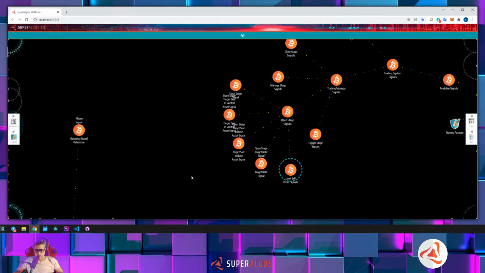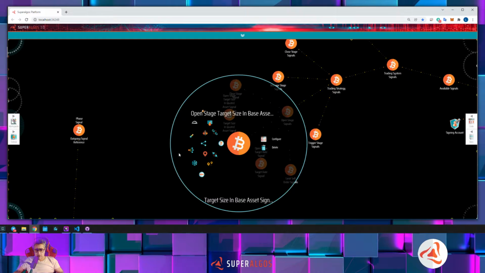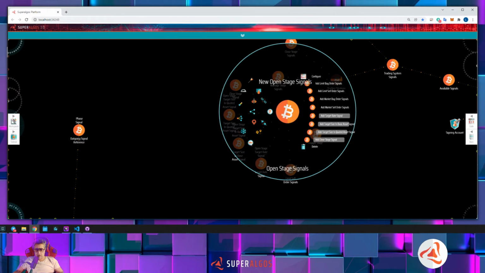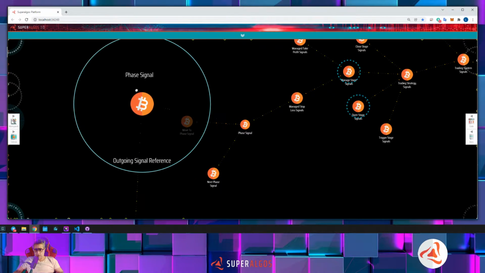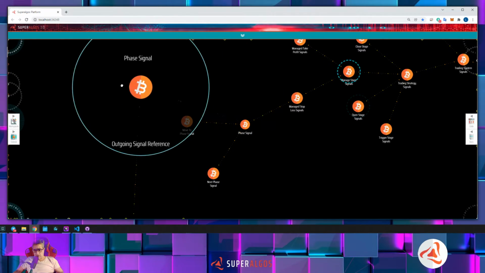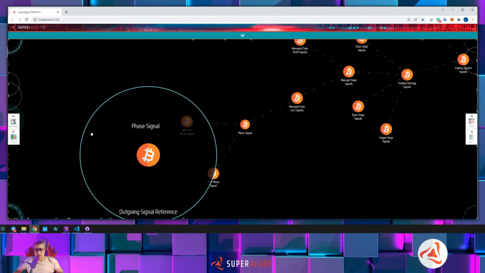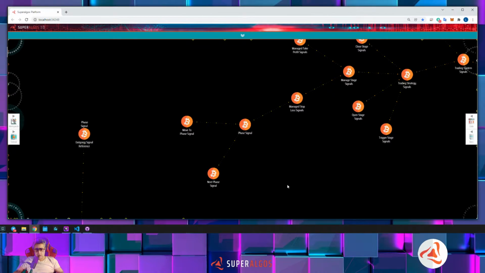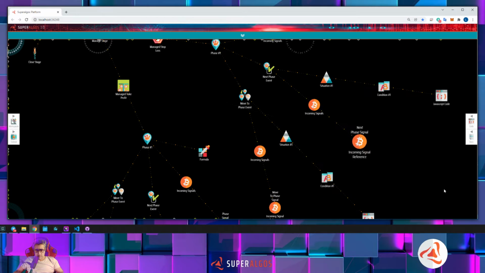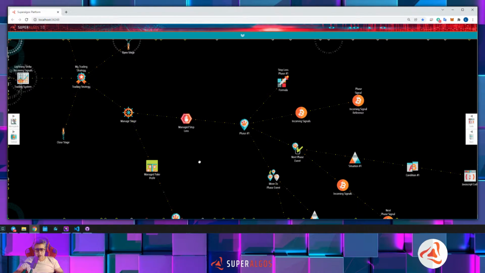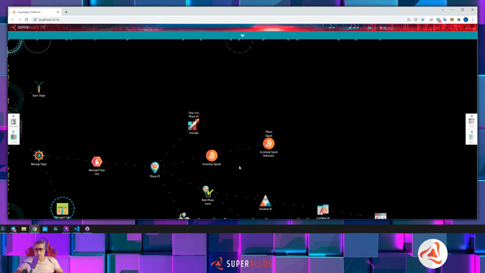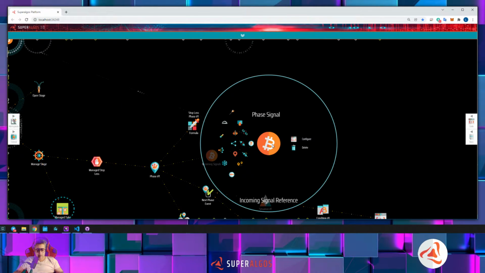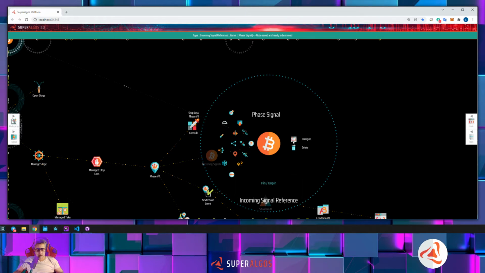Open stage. We don't need open stage. We need manage stage. So this is going against this node phase. It looks like it is okay, but just double checking. We will take this. It's also going to phase signal.